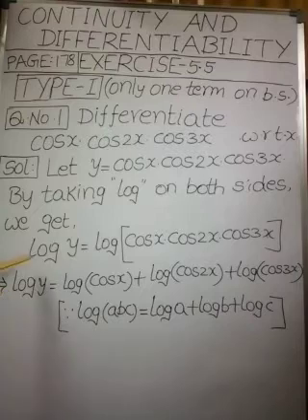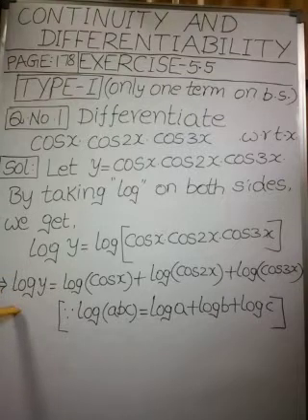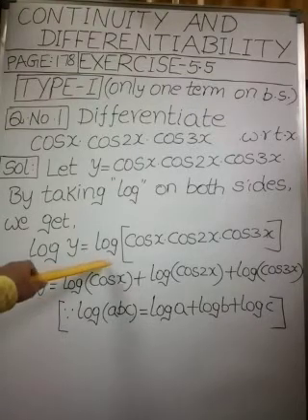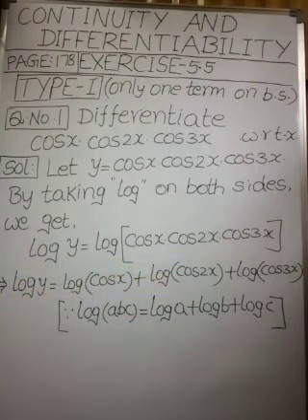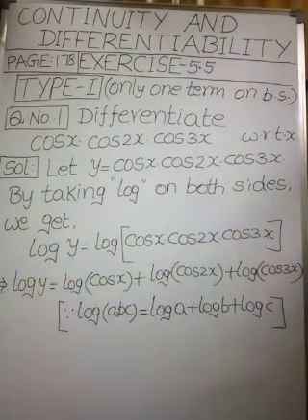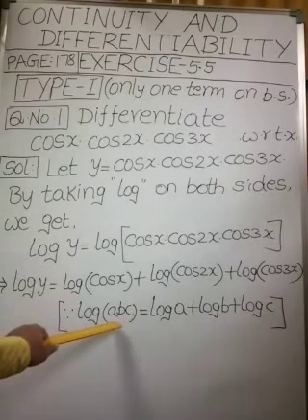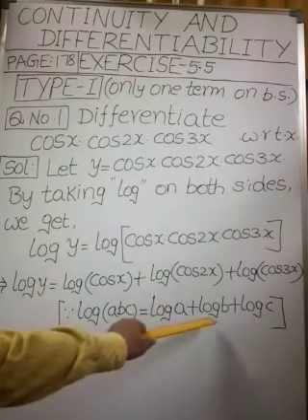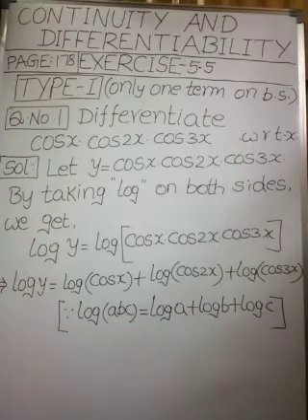This implies log y, I wrote the LHS as it is, equal to, if we observe the RHS, the function in the RHS is in the form of log of ABC. Use a logarithm property here. What is the logarithmic property? Log ABC is equal to log A plus log B plus log C. We use this logarithmic property.